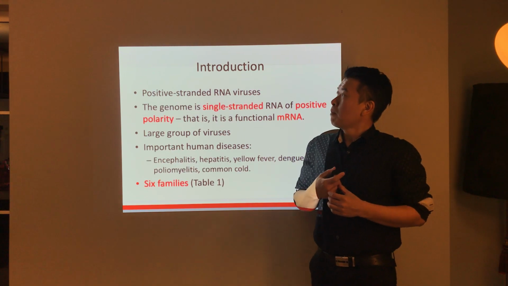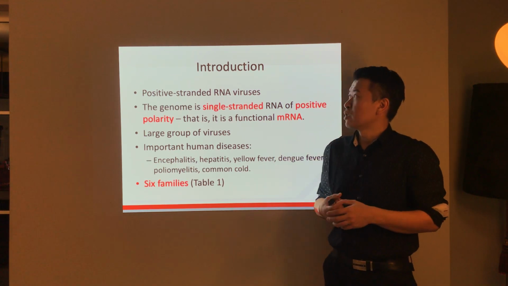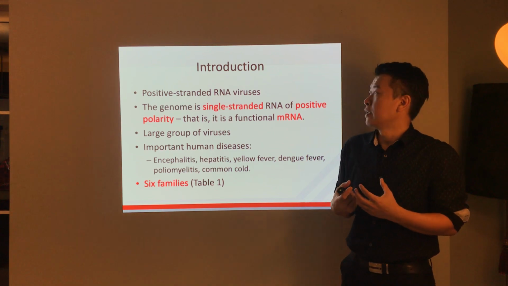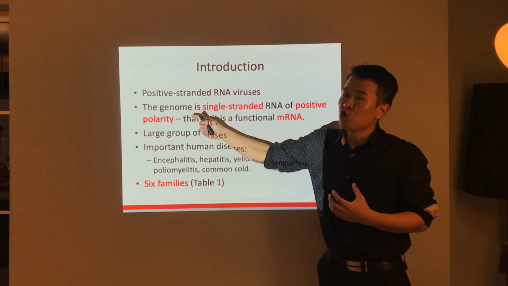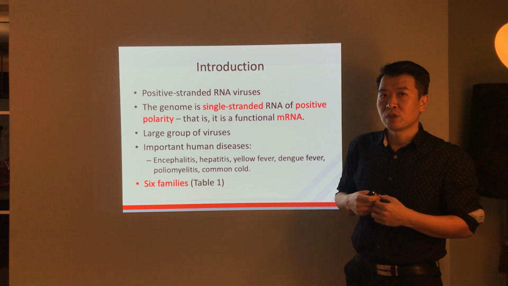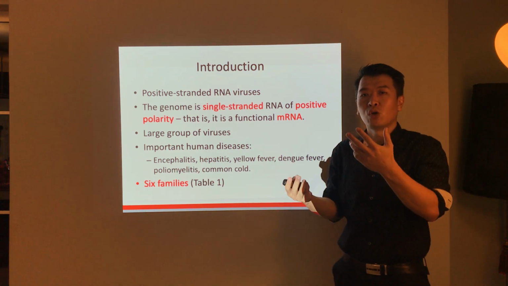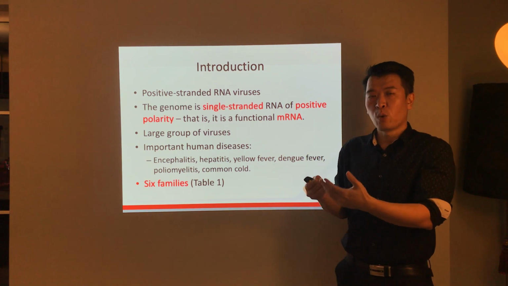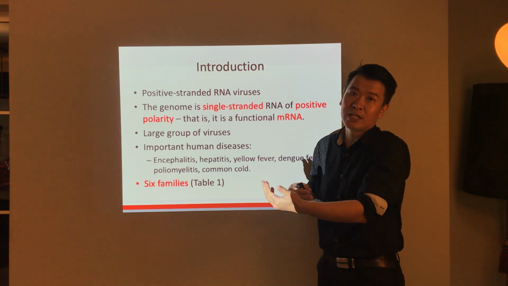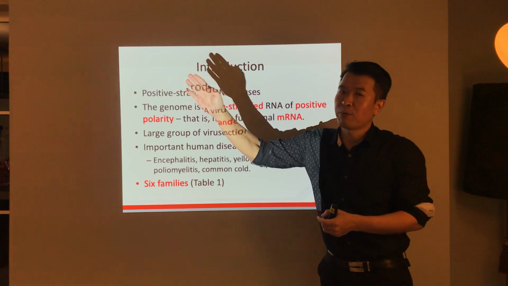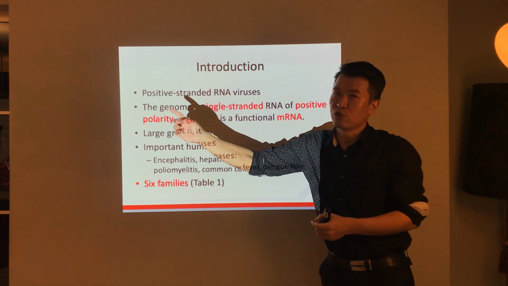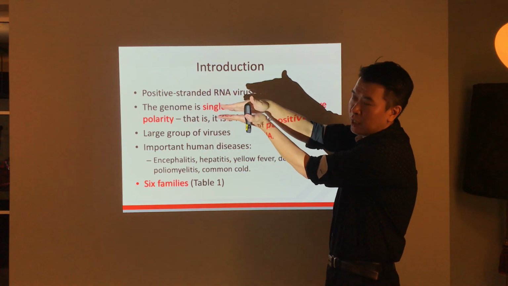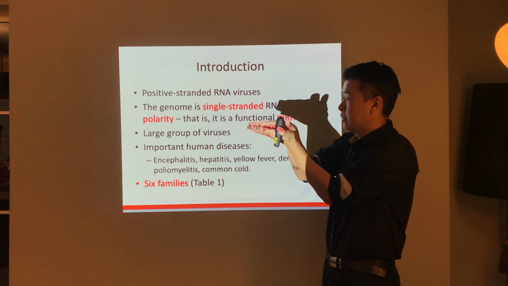So, what does it mean by positive-stranded RNA virus? It means that their genome is single-stranded. We mentioned that RNA or DNA can be single-stranded or double-stranded. When we say double-stranded, it has a 5' to 3' strand as well as a 3' to 5' strand that come together to form a double strand.